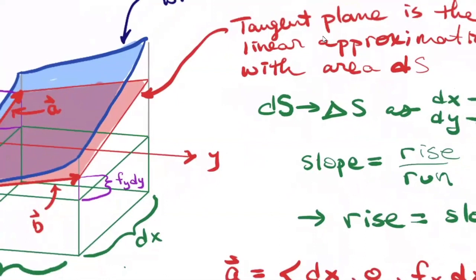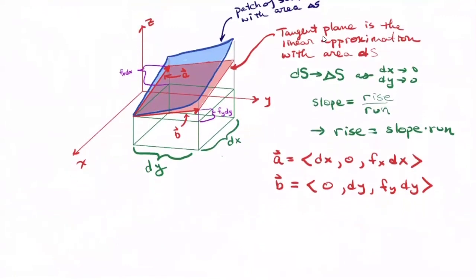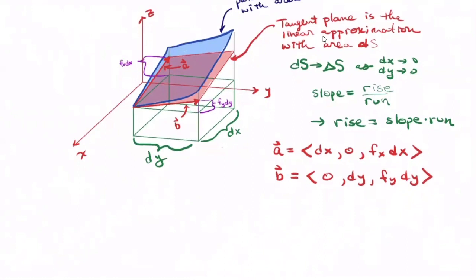Lowercase s is for arc length. It's unfortunate they use really similar symbols for arc length and surface area. I think it's because the formulas are so similar. You always have the square root of 1 plus some squared stuff for arc length or surface area.